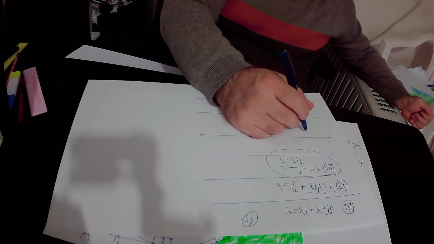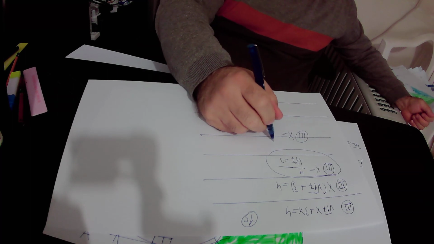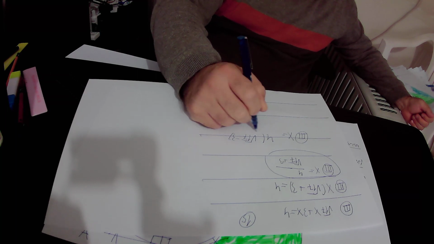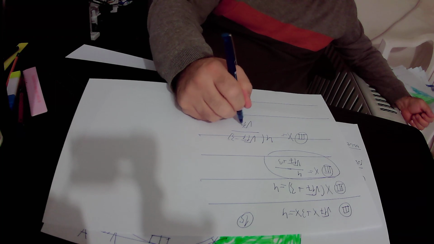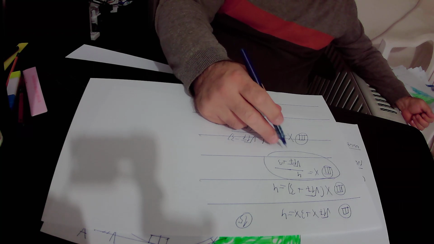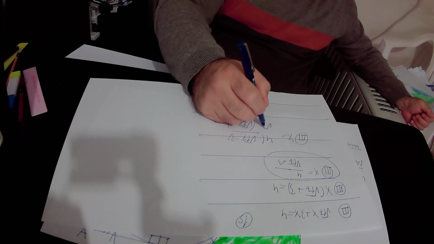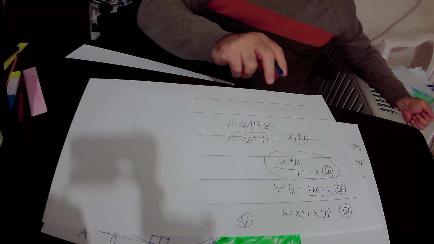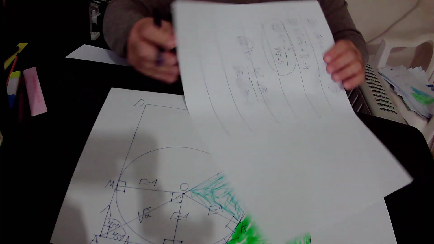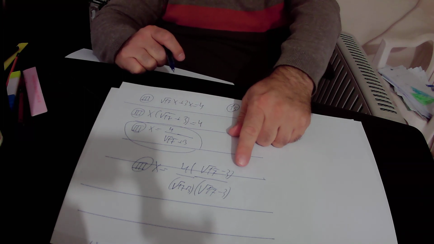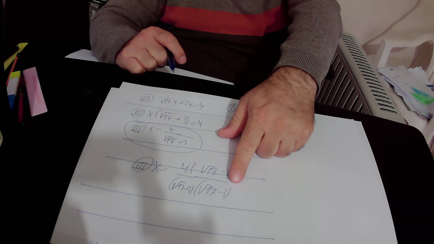And we will get that x equals 4 times square root of 17 minus 3, divided by square root of 17 plus 3 times square root of 17 minus 3. So we got this expression after we multiplied by square root of 17 minus 3 and divided by square root of 17 minus 3.